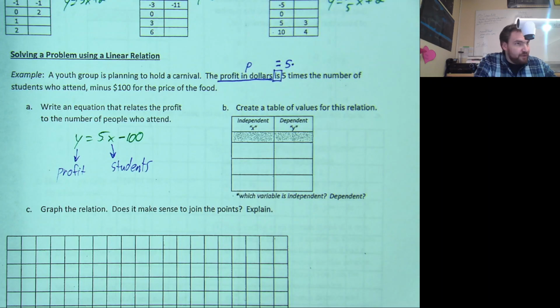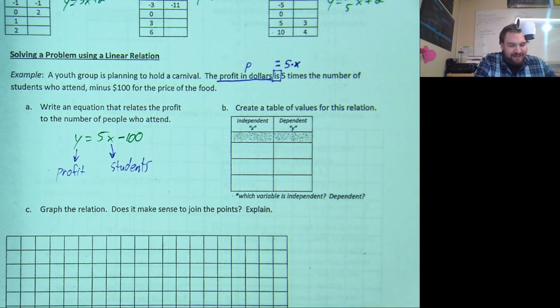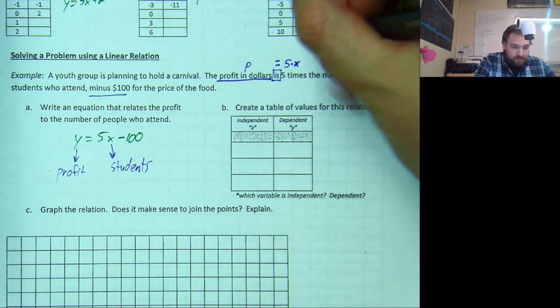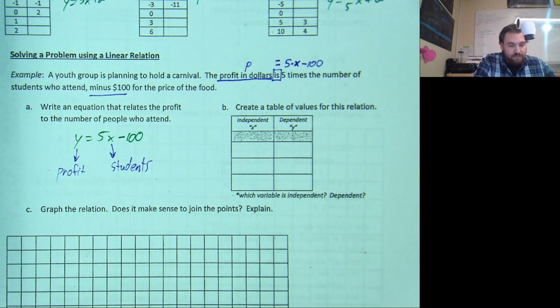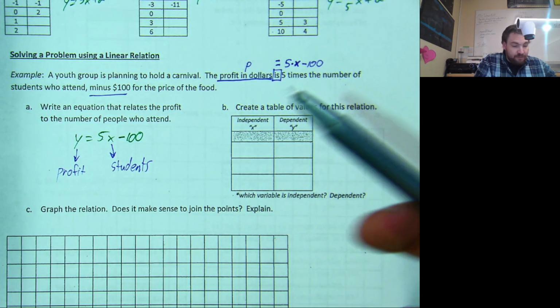Number of students, which you could call any variable. I don't like S because my S's look like 5s. I would use X here. And then it says minus $100. And there you have, just from the analysis of the sentence of the question, our equation.